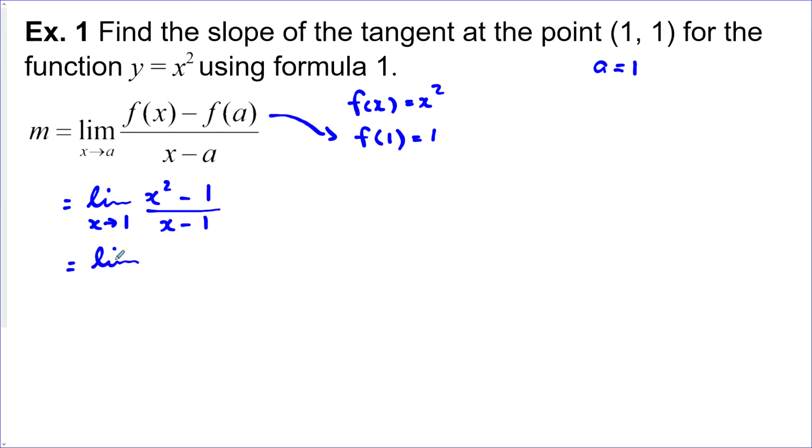But I can factor the numerator to be x plus 1, x minus 1. And then I can cancel these matching factors. And now it's safe to let x approach 1. So I will not write limit anymore. I'll just use 1. And 1 plus 1 is 2. So the slope of the tangent at this point is 2.